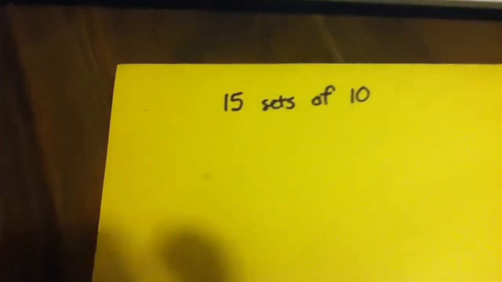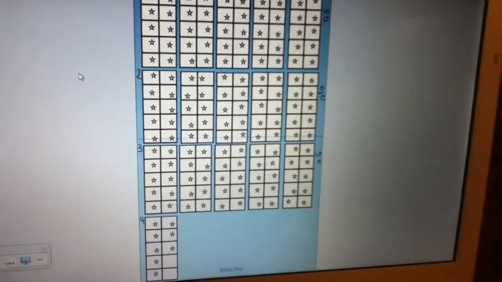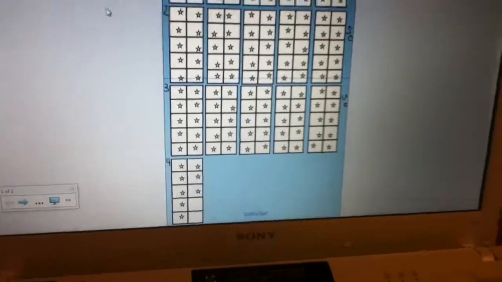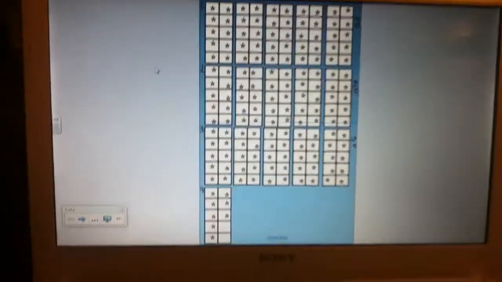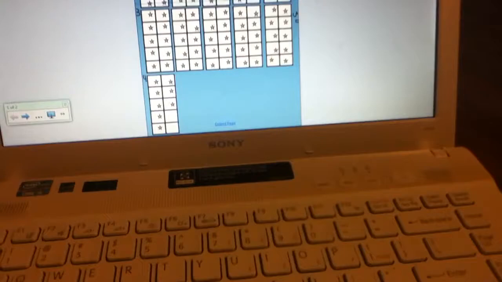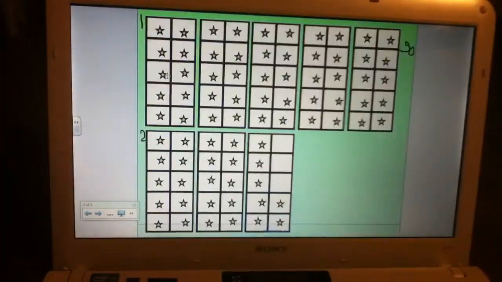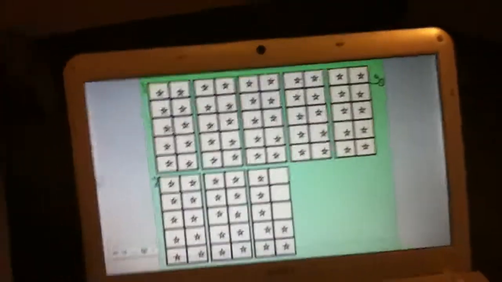So we can write down that we have 15 sets of 10, because we have 15 sets of tens frames on the blue screen, and then we have, how many did we say? 8 left over. So, 8 singles for the blue screen.